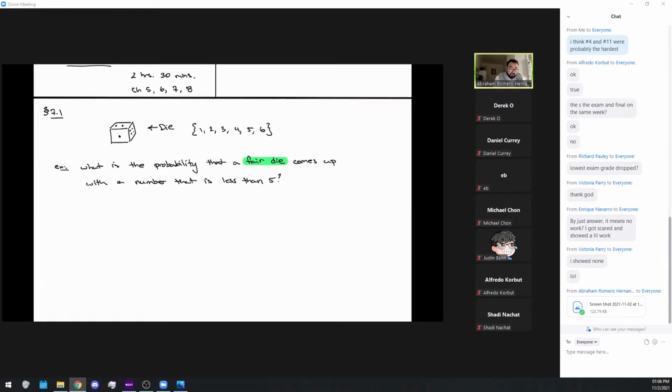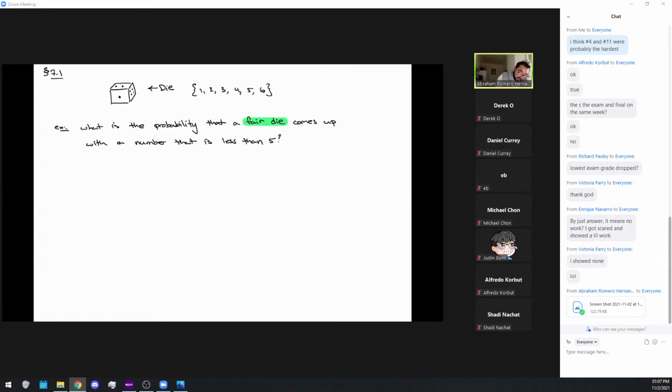Now, what is the probability that a fair die comes up with a number that is less than 5? Okay. First of all, we need to understand this entire thing. What does it mean for a number to be less than 5 in a die? Well, if you roll it out, you want a number that's less than 5.